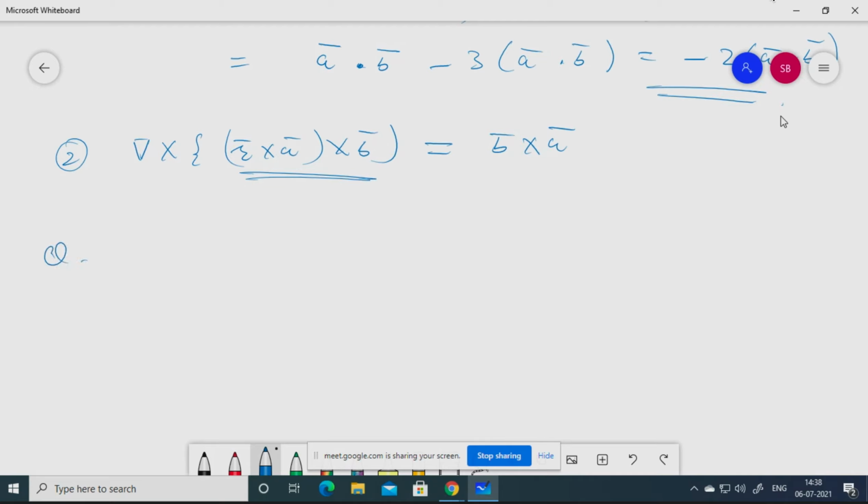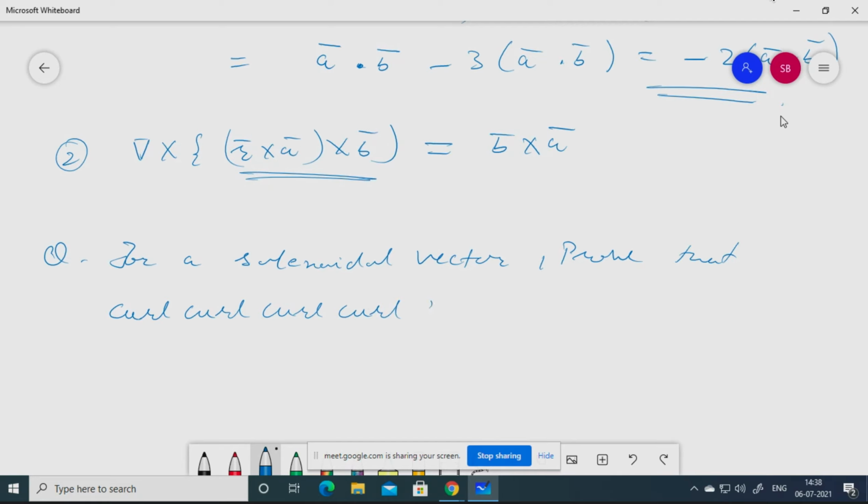Now next one, you need to prove for a solenoidal vector. What do you mean by solenoidal vector? Divergence of F bar equal to 0. Prove that curl of curl of F bar is equal to minus del square F bar.